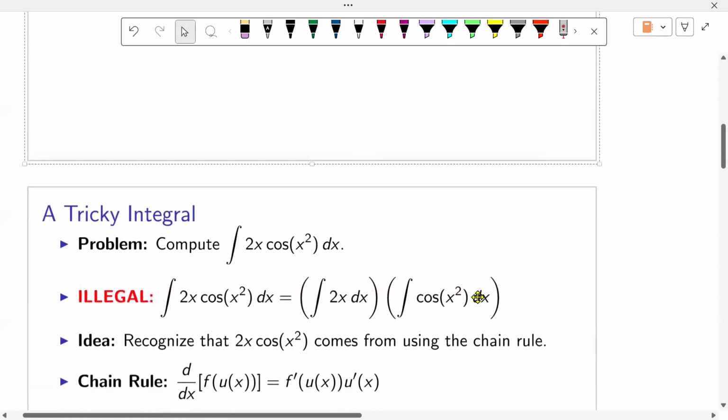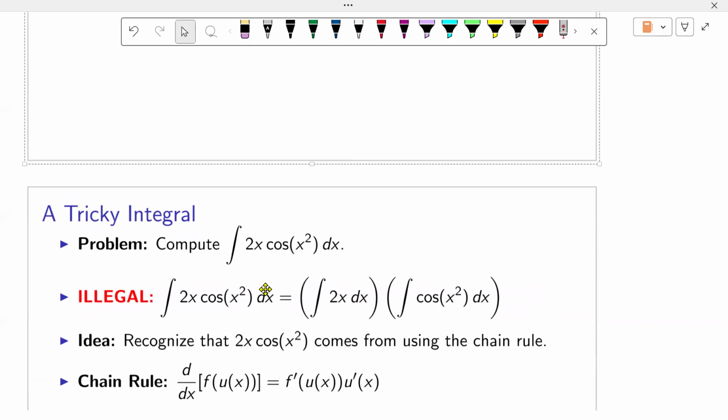So how do you deal with integrals like this? Like 2x times cosine x squared? Well, to be honest with you, let me be clear about integrals in general. The reason why you've been able to do the integrals you've seen so far is because I gave you the easiest possible ones.